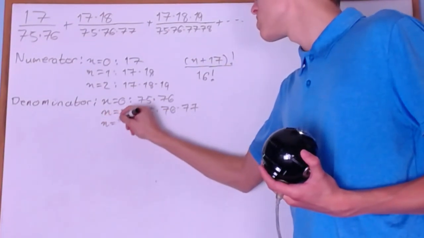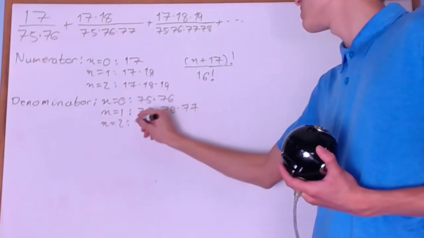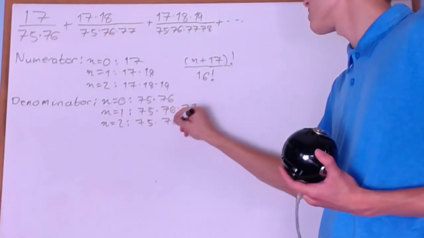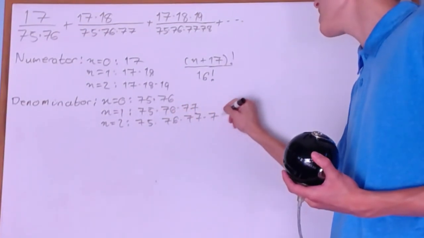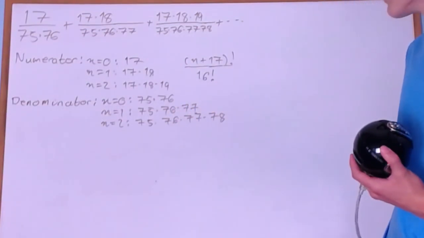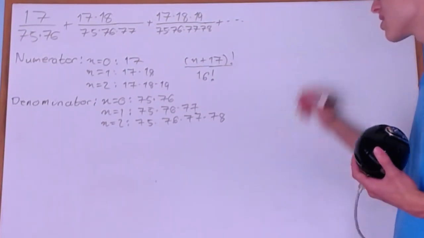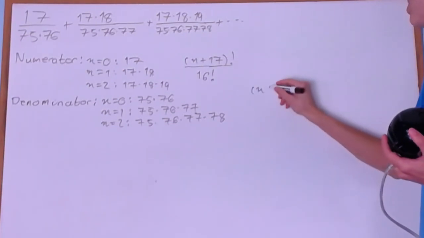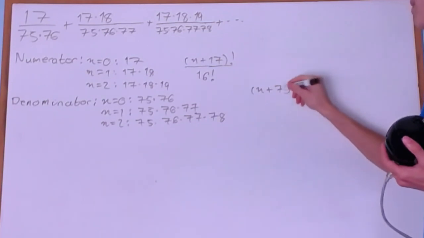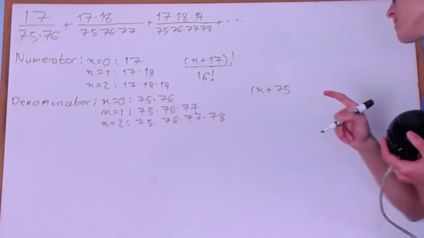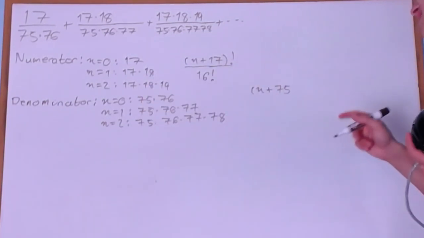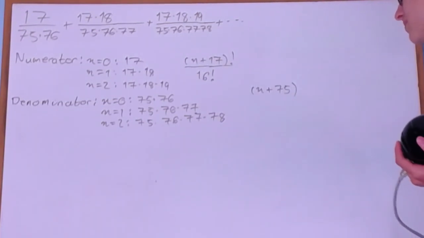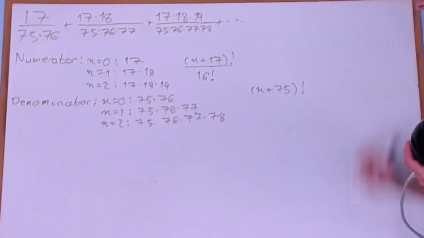At n equals 2, you'd want 75 times 76 times 77 times 78. Very, very similar idea. So I'm going to choose to do n plus 75 because we start with a 75, right? So that would make the most sense. So we'd have n plus 75 factorial.